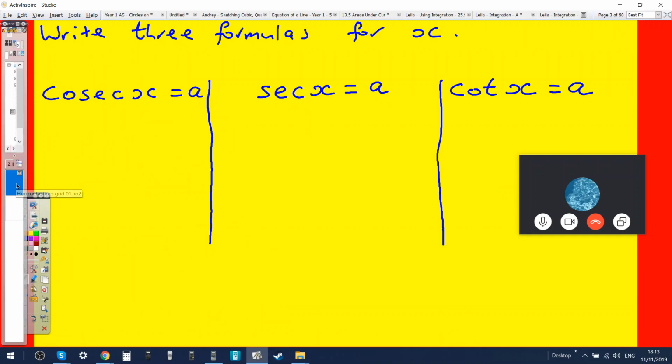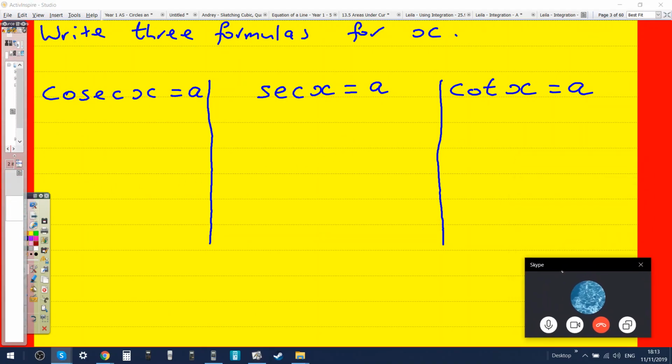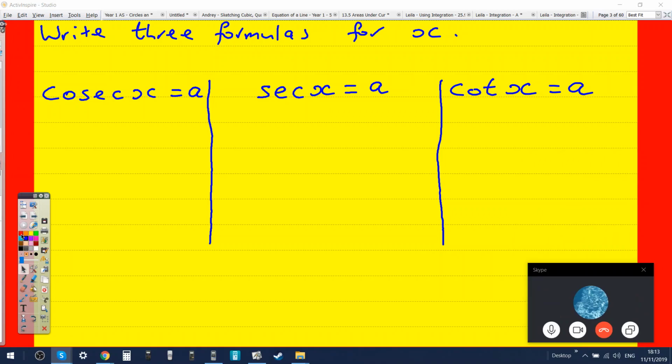Okay, so we did that. So try the middle and the right. So sec is 1 over cos, which equals a. So cos x equals 1 over a. So x equals arc cos 1 over a.